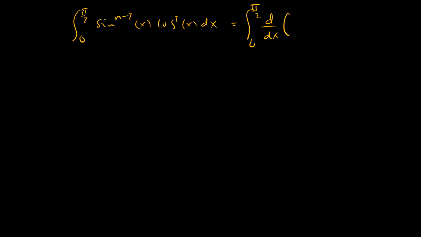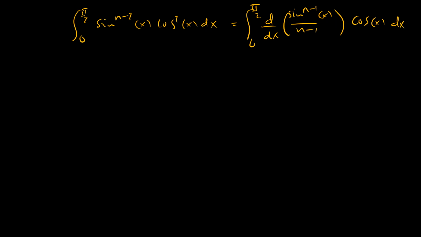So solving for this, I can re-express it as the integral from x equals 0 to x equals pi over 2 of the derivative of sine to the n minus 1 over n minus 1, times cosine of x.